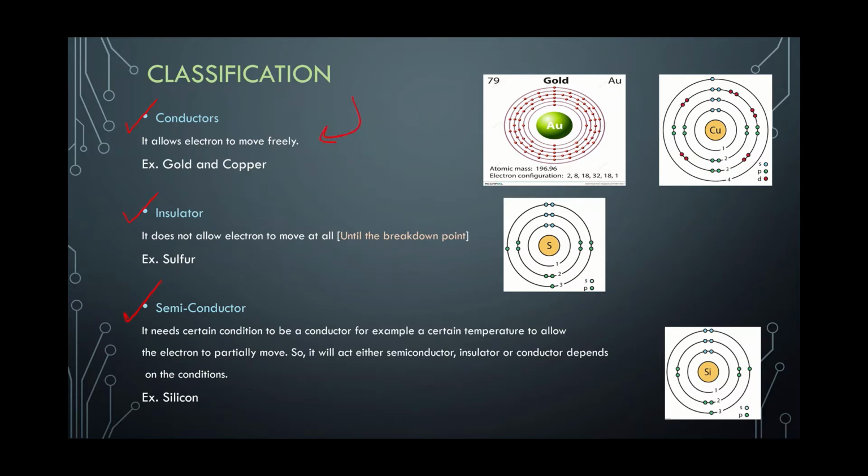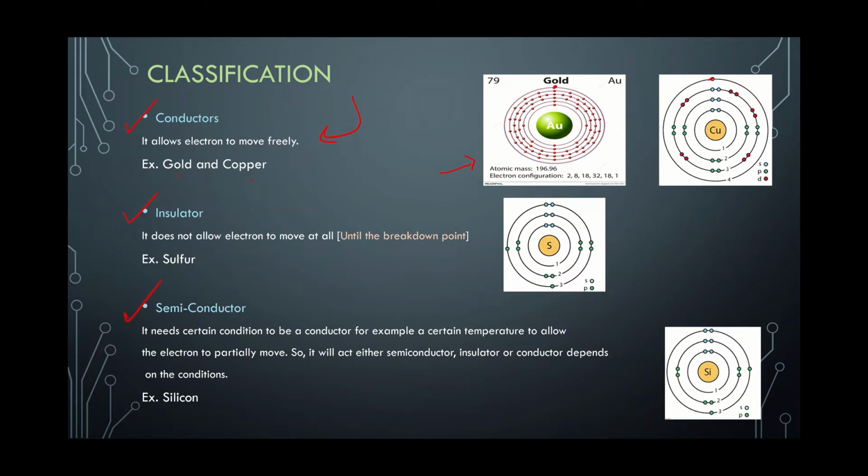Conductor, it allows electrons to move freely. For example, gold, copper, and we can see here that the last shell contains only 1 electron in the gold, and the last shell in the copper contains only 1 electron. But if I ask you, which one is a better conductor, the gold or the copper? Definitely we will say the gold. Why?